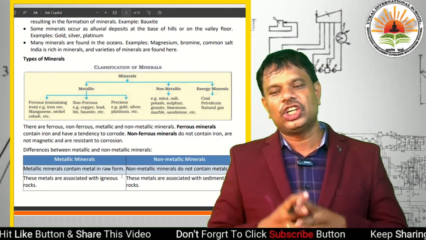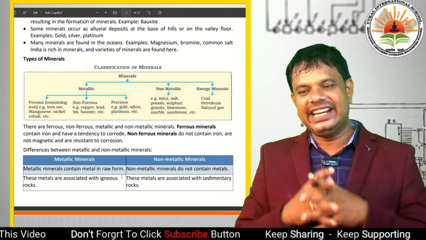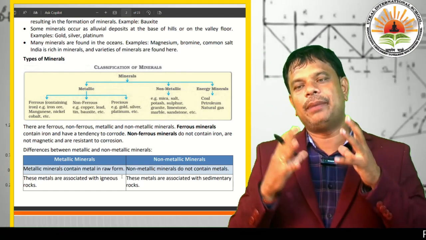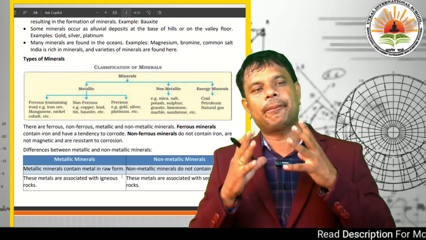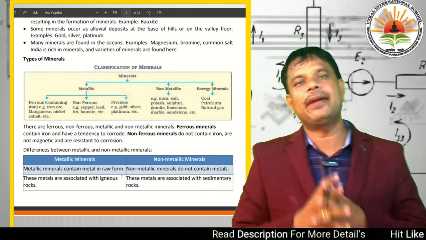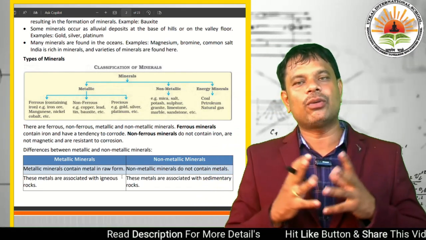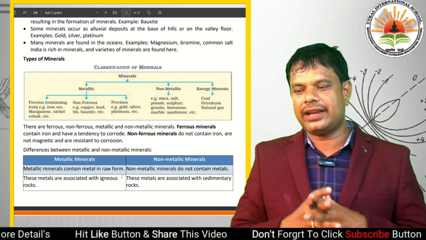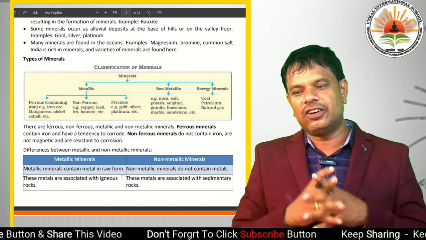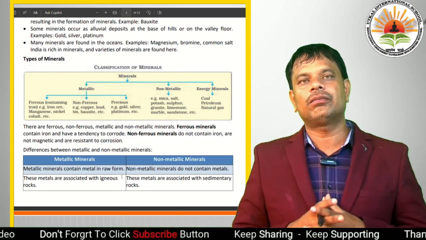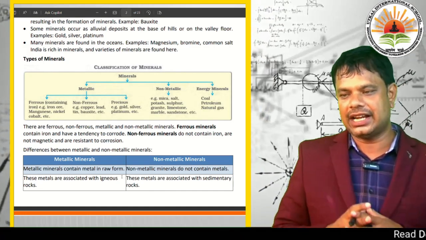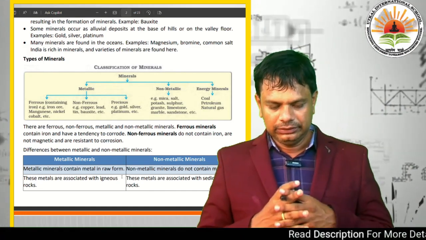Dear students, copper, lead, tin and bauxite are the best examples of non-ferrous metallic minerals, and the third is precious. Examples are gold, silver, platinum, etc. These are valuable metallic minerals, which are precious materials.